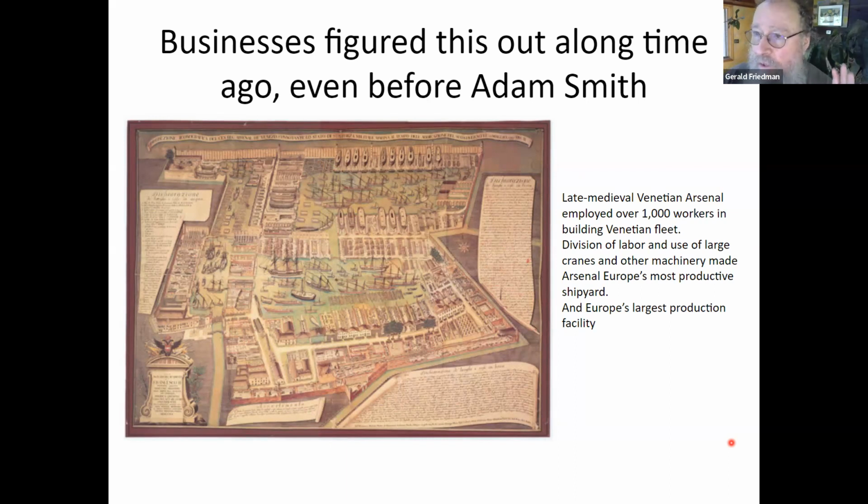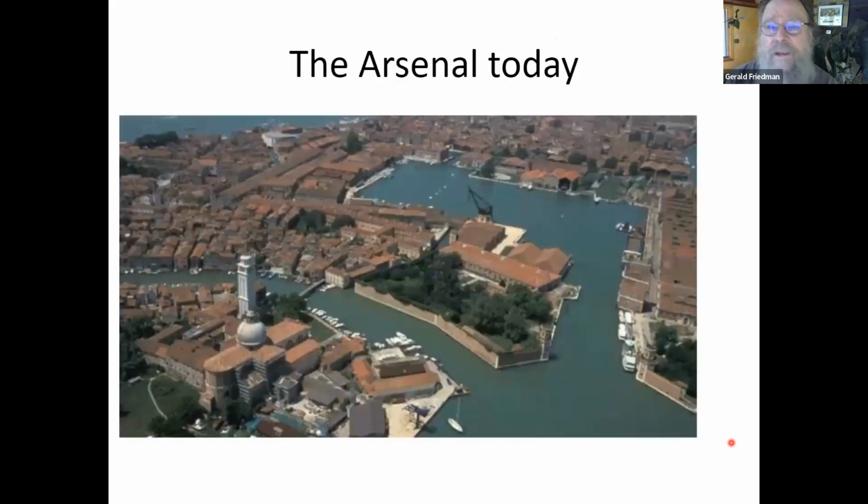Somebody would be working the tar, somebody would be working on the cannonballs, somebody would be working on putting the cannons onto the wooden things that would roll around. Different people would be making the sails, assembling the sails. You get a little sense of this in this picture from the 18th century of the Venetian Arsenal. And here it is today, it's still being used, although not for making warships and giant merchant ships, now pleasure boats.